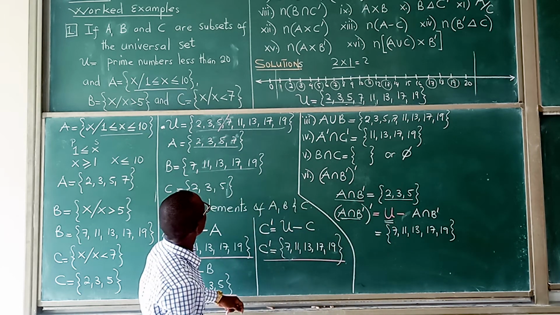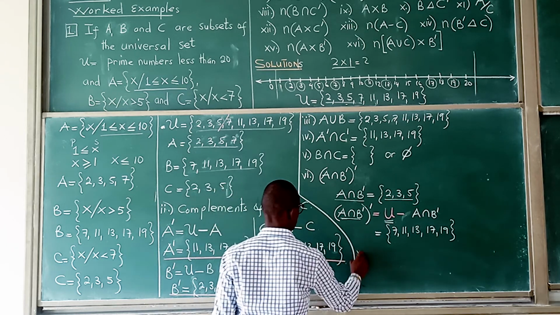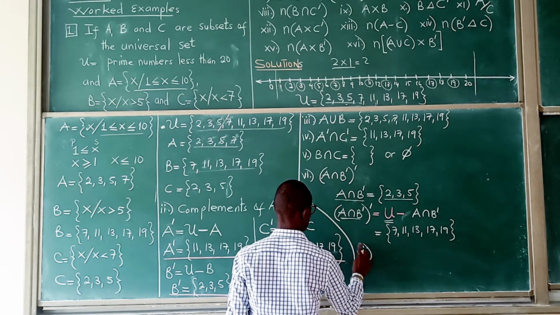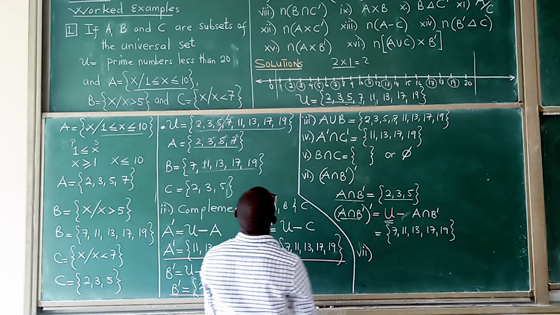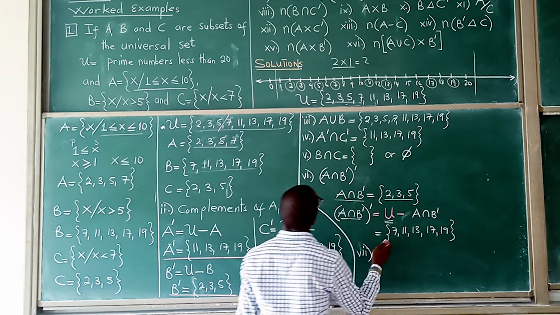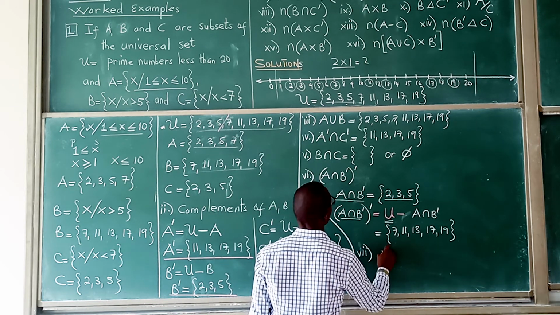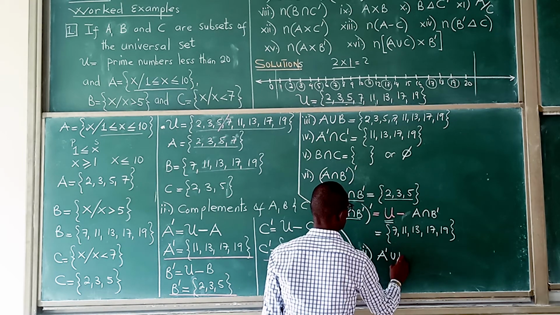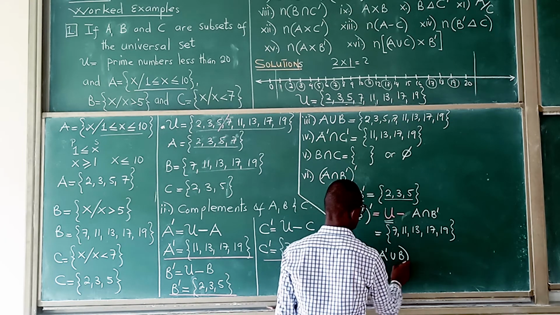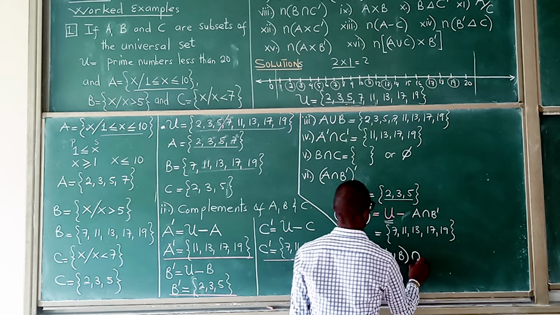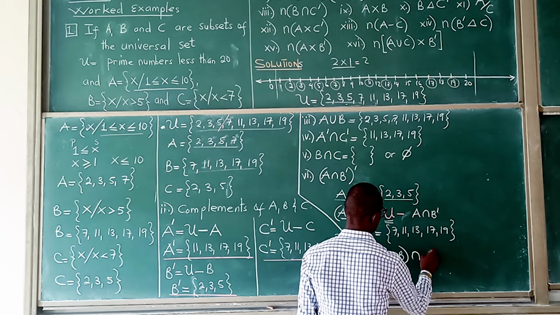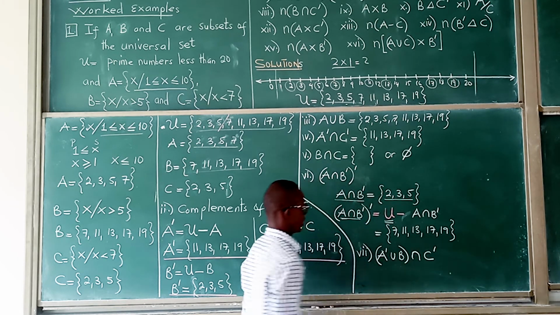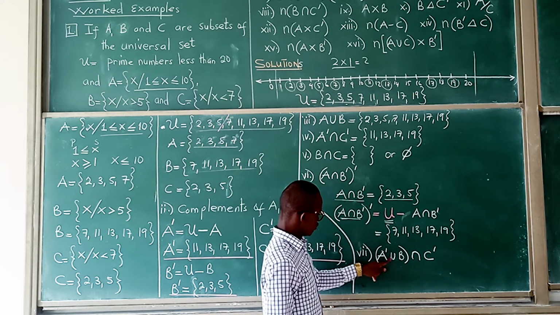Now also we have question number 7. Question 7 says A prime union B, intersect C prime. So what is A prime union B?